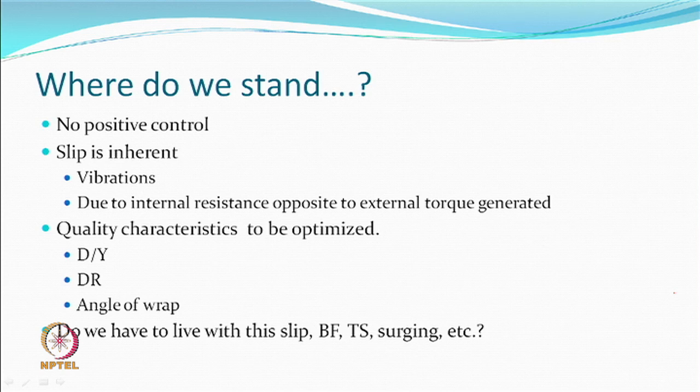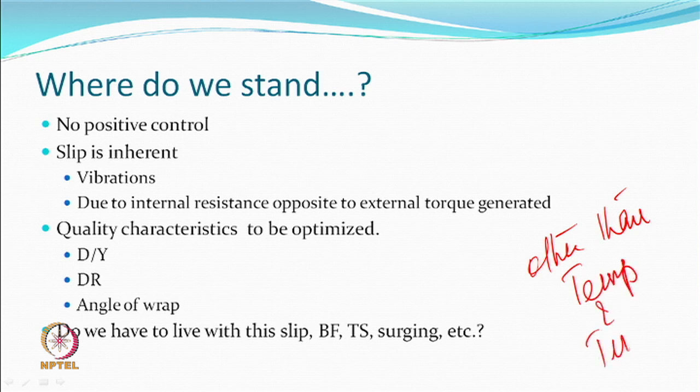The quality characteristics which need to be optimized, of course, other than time and temperature, are these three, and these three in some way control T1 and T2.